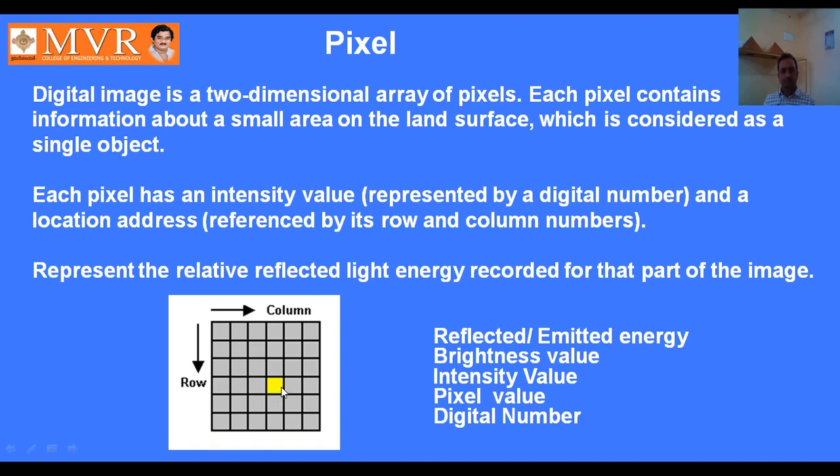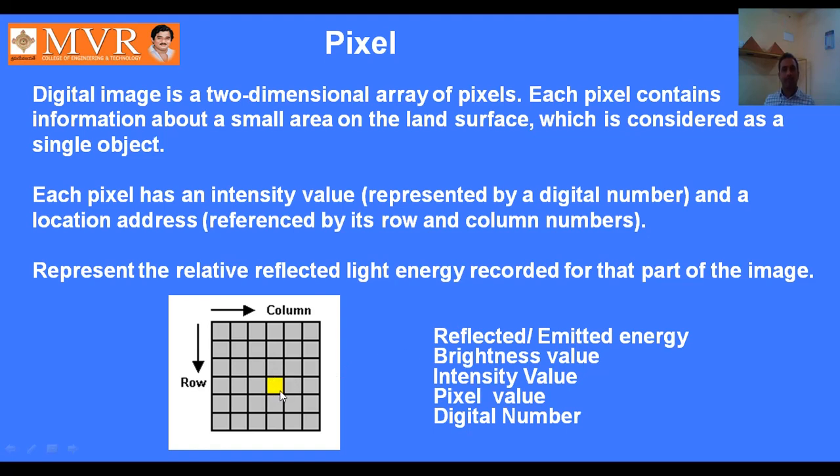How was this pixel produced on the satellite imagery? Due to radiation only, that is, reflected radiation or emitted radiation. Whatever radiation is reflected from the earth surface is recorded or detected by the sensor in the form of a pixel.